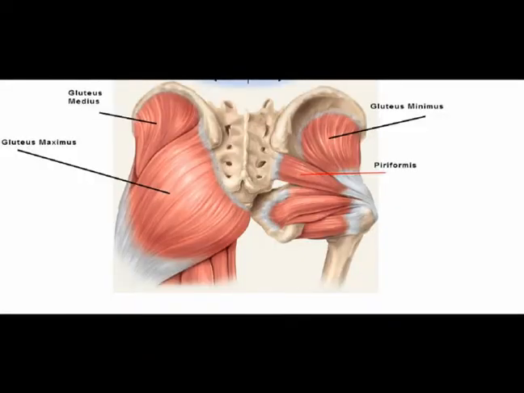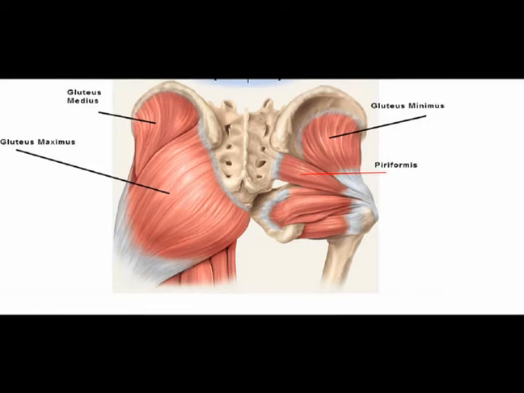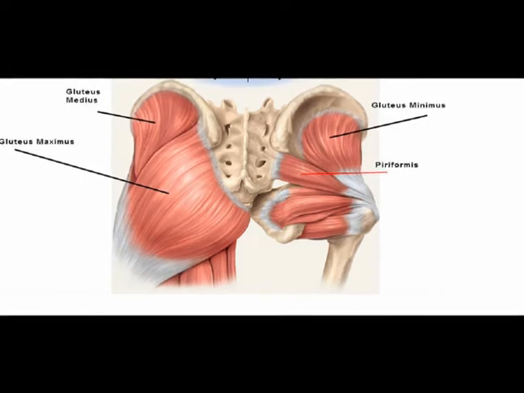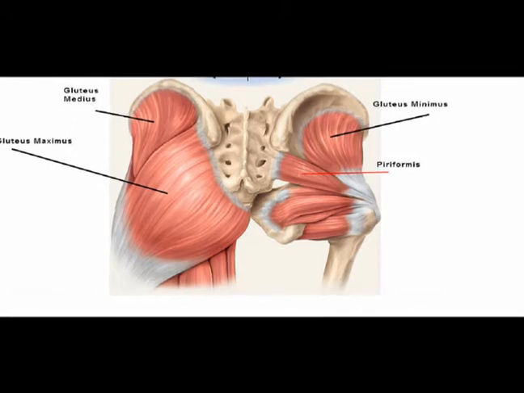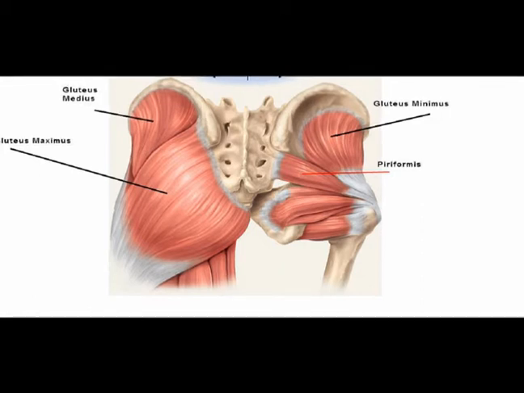Another factor that I didn't mention with the other ones that I should have is weakness in the gluteal muscles, especially in the gluteus medius muscle. That can lead to unlevel pelvis when we're moving, and that can cause symptoms in the spine and in the lower extremities. So you want to make sure that your gluteal muscles are strong, especially your gluteus medius.